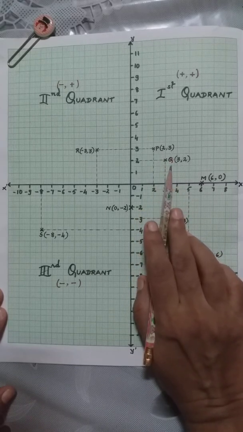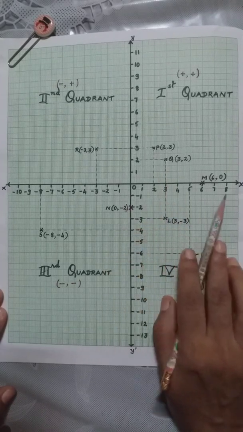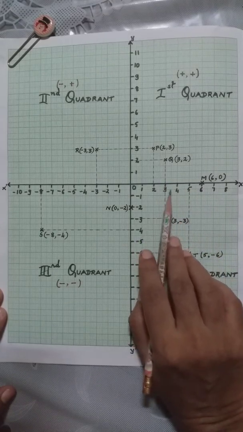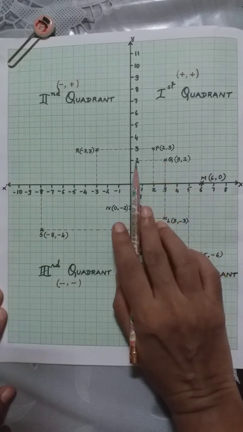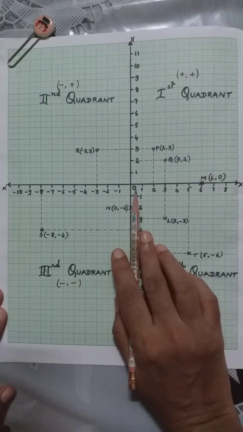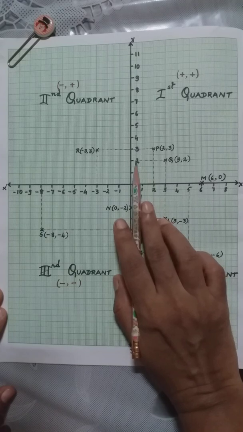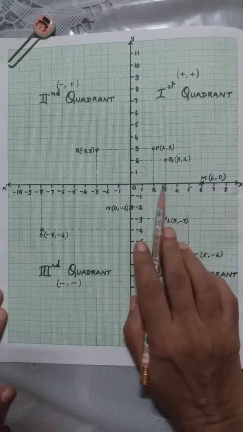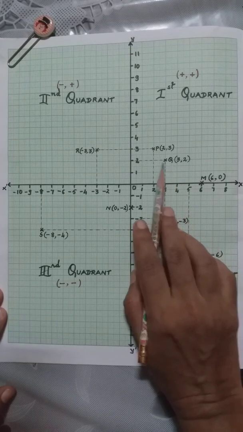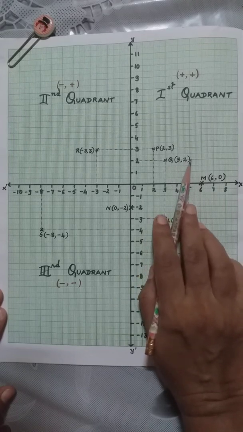In the same way, if I take this point Q and I draw a vertical line perpendicular to the x-axis, it reaches the x-axis at 3, and if I draw a horizontal line which is perpendicular to the y-axis, it reaches the y-axis at 2. Since it meets the x-axis at 3, its x coordinate is 3, and since it meets the y-axis at 2, its y coordinate is 2.